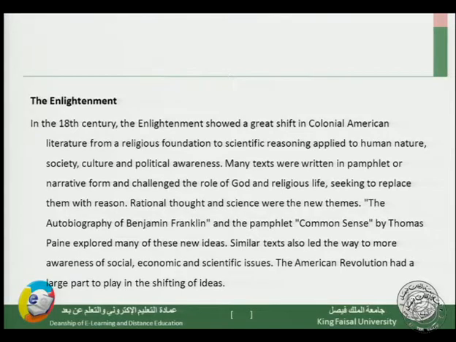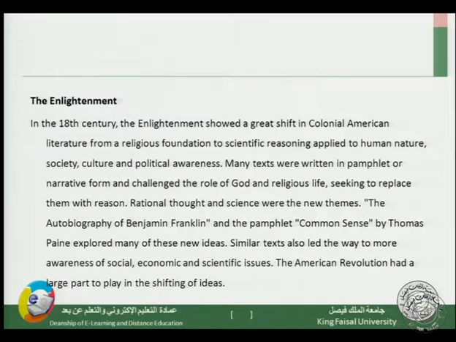And then last, we talk about the Enlightenment movement in the 18th century and the most important figures of this period of time.